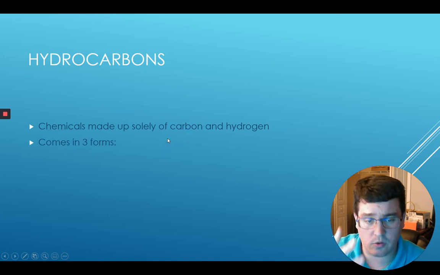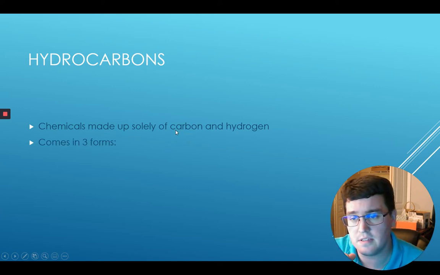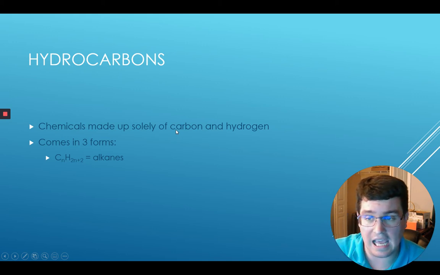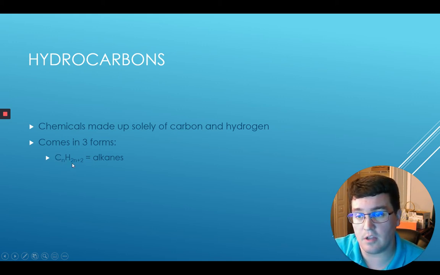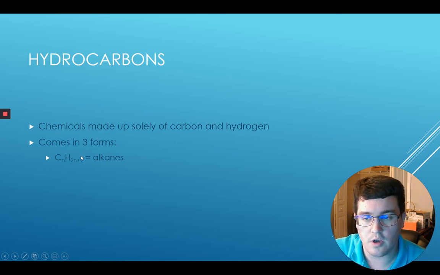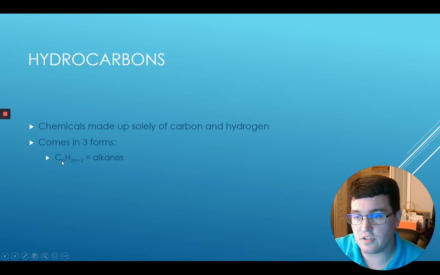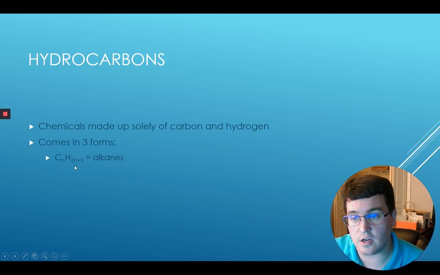There are basically 3 different kinds of hydrocarbons. There are alkanes, which have this formula right here, where you have a number of carbons, and then twice that number plus 2 for the number of hydrogens. So, for example, if you had 2 carbons here, you would have 2 times 2 plus 2, or 6 hydrogens.